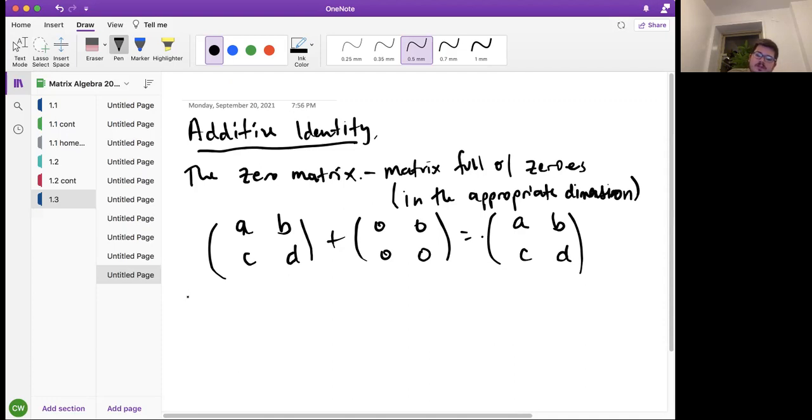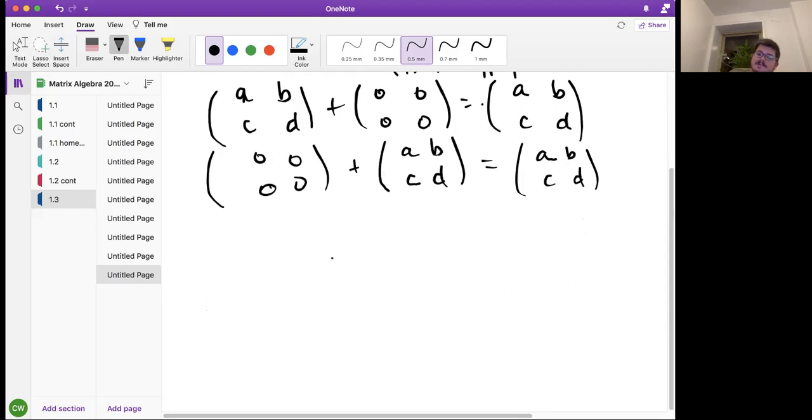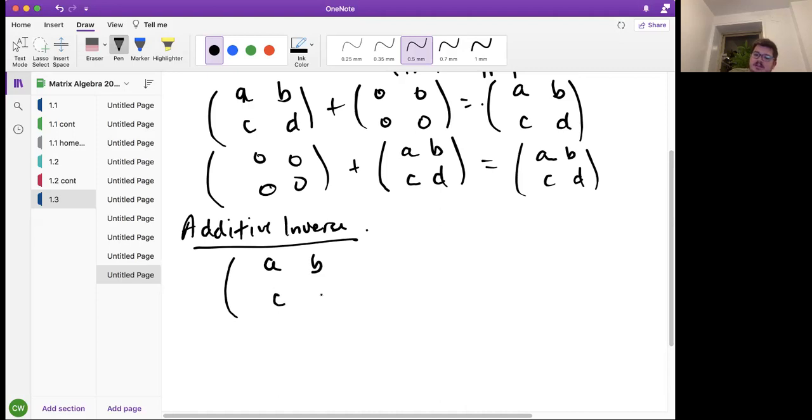If you add a matrix full of zeros, nothing changes. And how about the inverse? What do you think the additive inverse of a matrix is? So what do you add? Yeah, you add the negative. And how do you define the negative of a matrix?